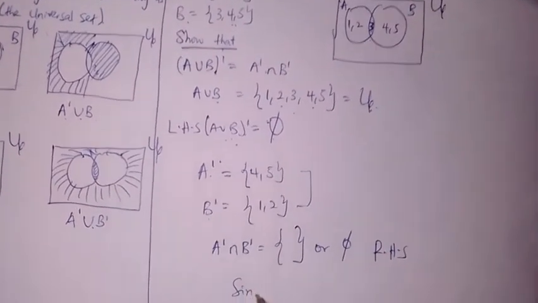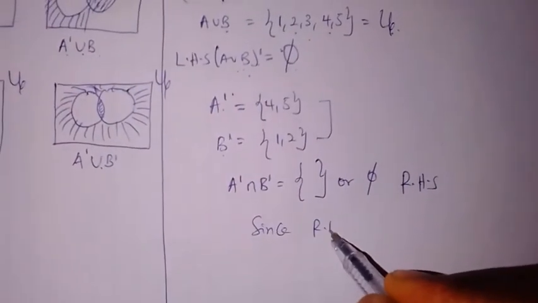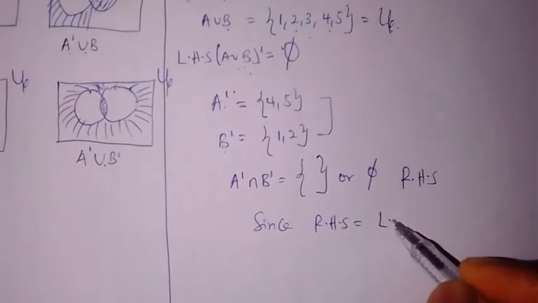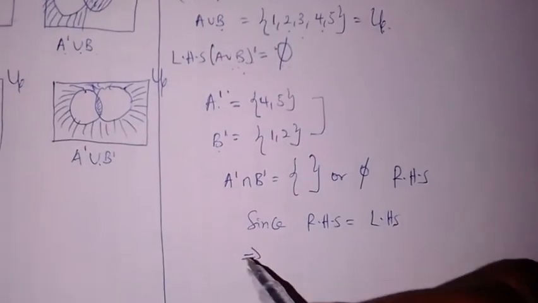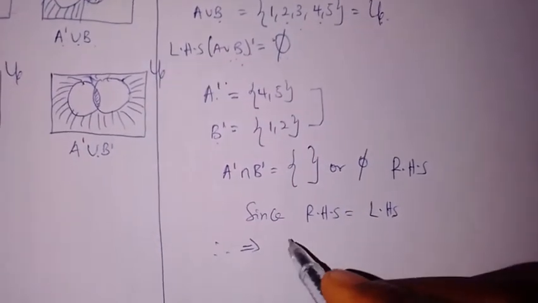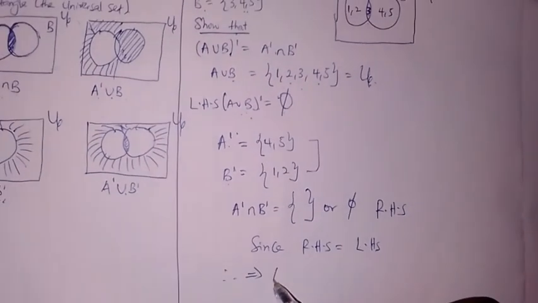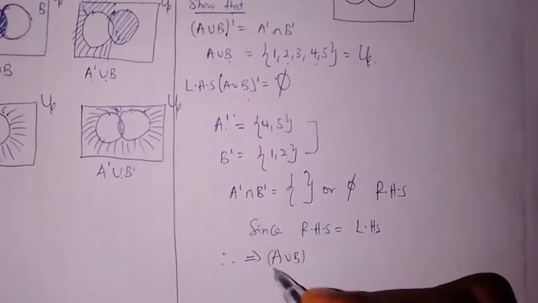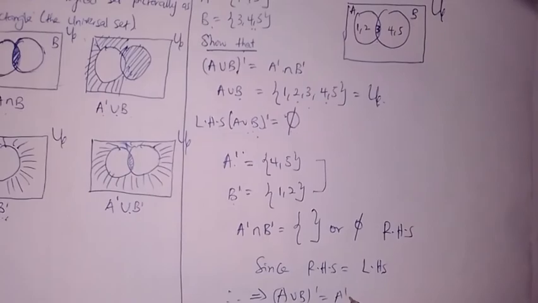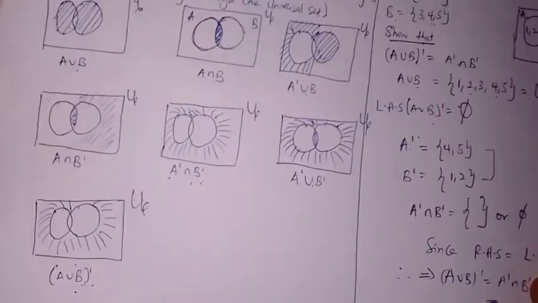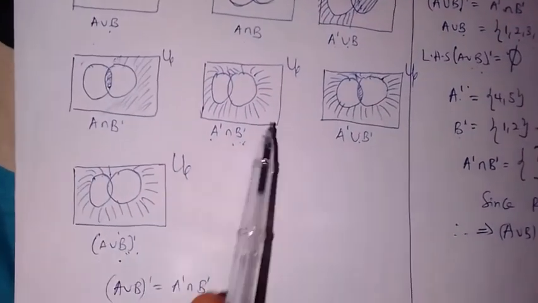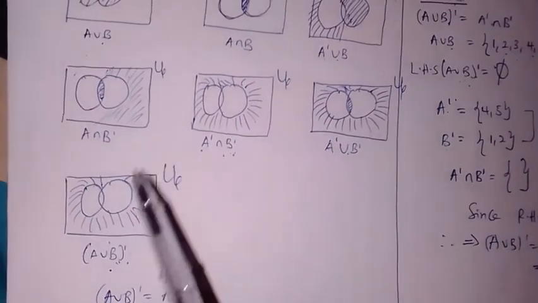Conclusion: since RHS is equal to LHS, it implies that (A union B)' is equal to A' intersection B', which we have the diagram represented here separately, and they are actually the same thing.